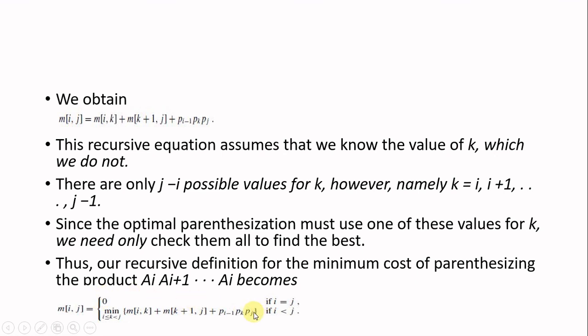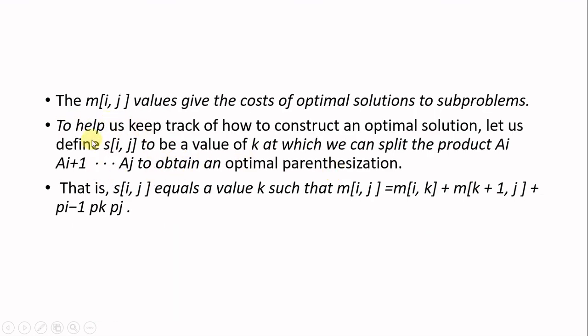It uses the values of k and chooses the minimum value. So we use one more matrix to keep track of the k which gave the minimum cost, stored in S of i comma j.